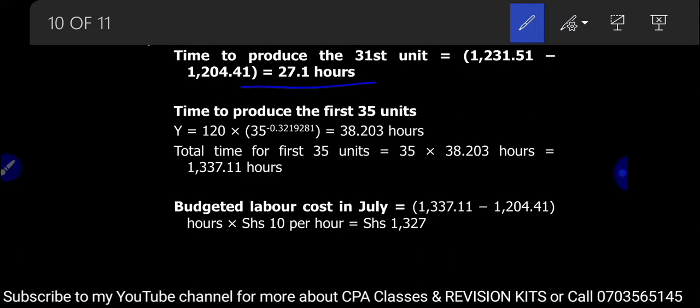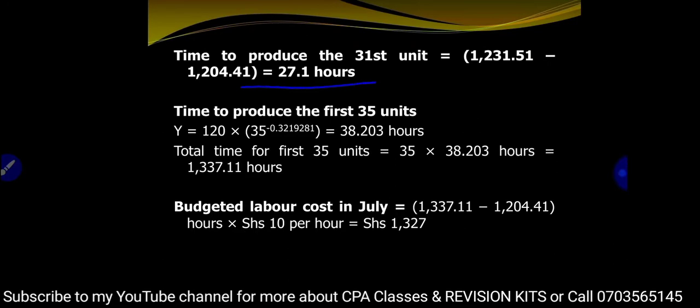That is the time taken to produce our 31st unit. So that was part A of the question. The time it takes to produce that 31st unit is 27.1 hours.